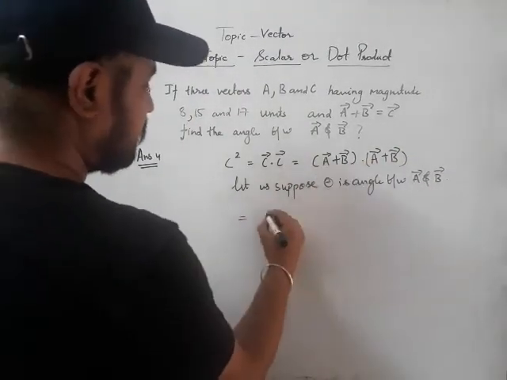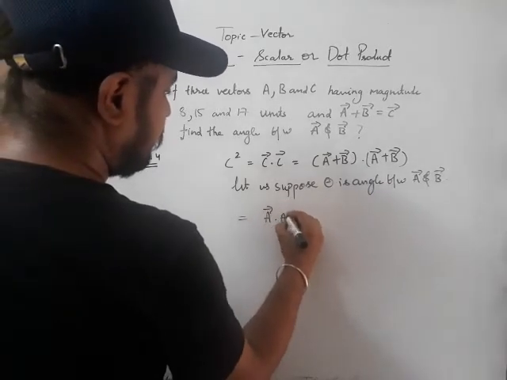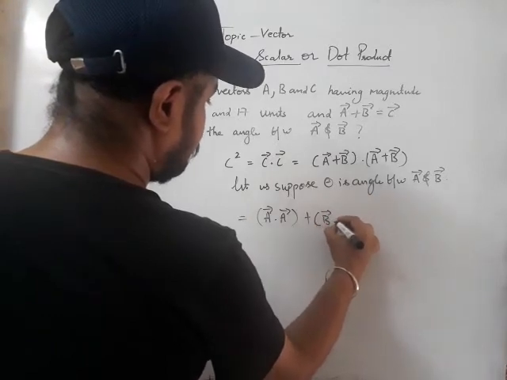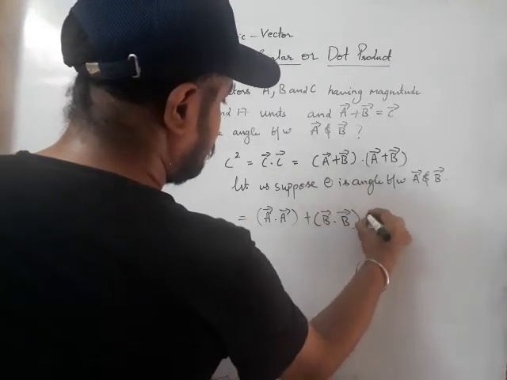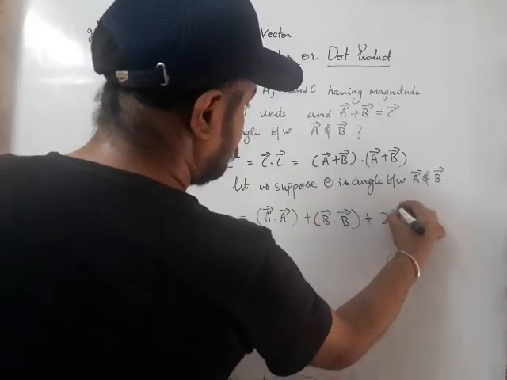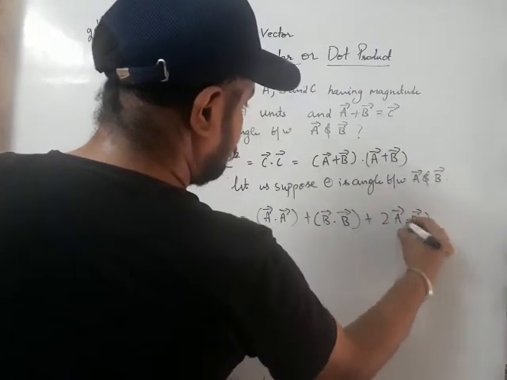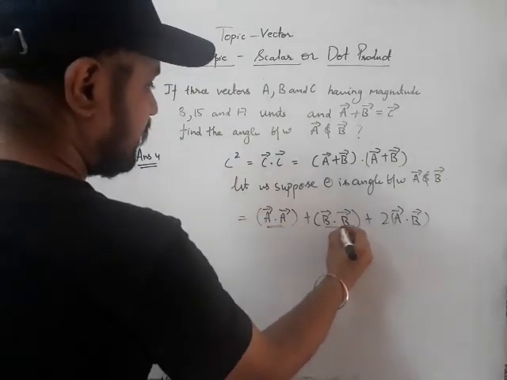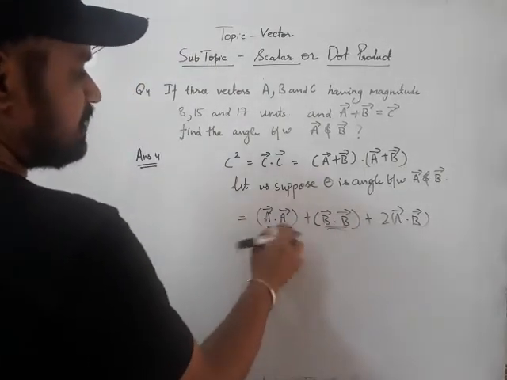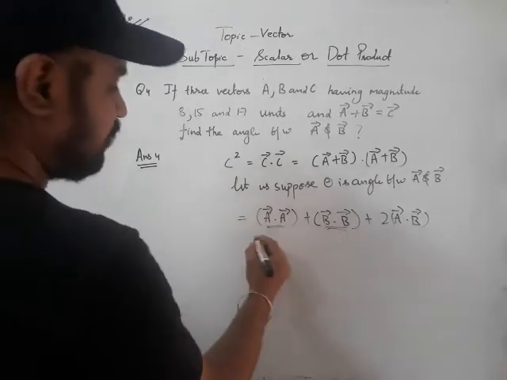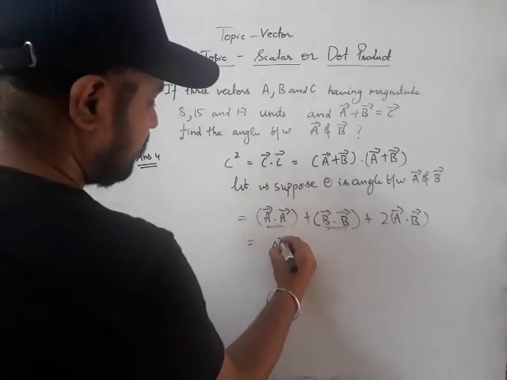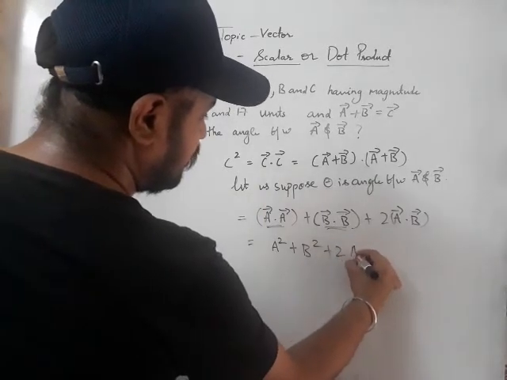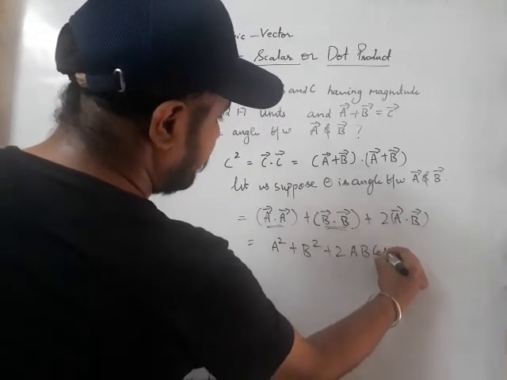So it will be A dot A plus B dot B plus 2 times A dot B will be the result over here. So here the angle will be 0 degree because both will be parallel to each other, because A is parallel to A, B is parallel to B. So it will be A square over here, it will be B square over here, and plus 2AB cos of angle theta.